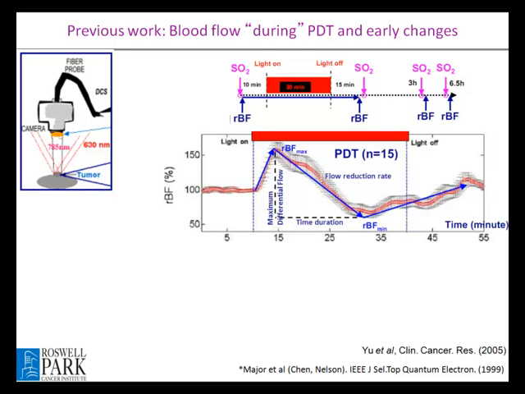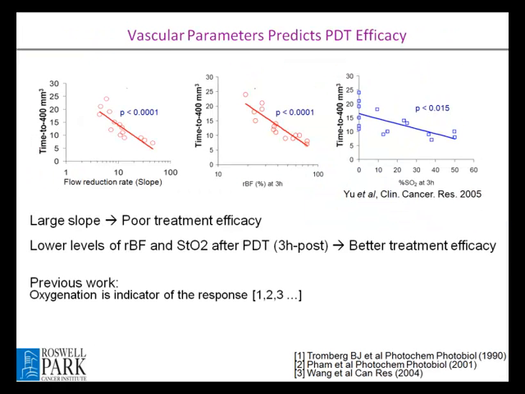They found that the early response may be a predictor of PDT response. For example, the flow reduction rate slope is indicative of the PDT response. If the blood flow decreases too quickly, it is not good. It also decreases oxygenation, so you are not providing enough oxygen to the lesion, and PDT cannot be really effective. You need a very good oxygenation status to have an effective PDT treatment.